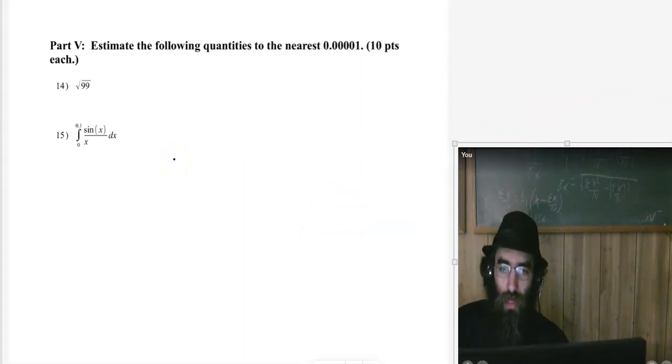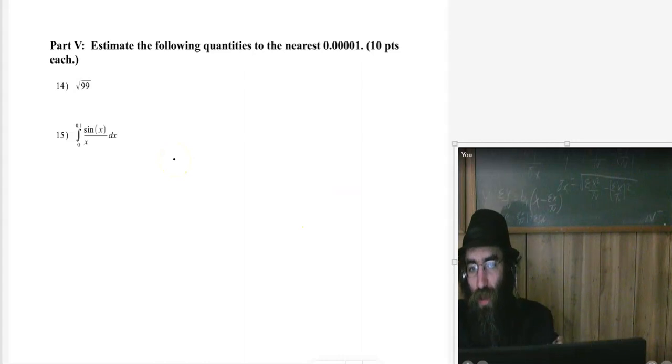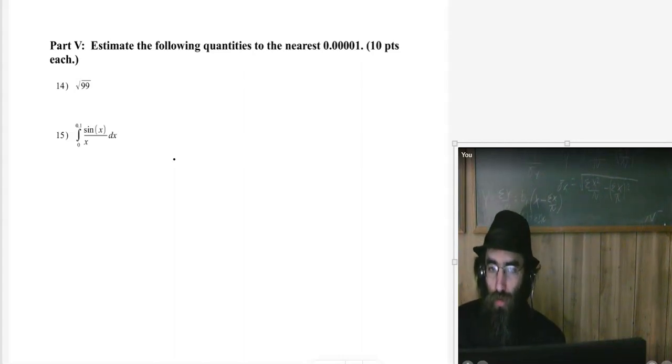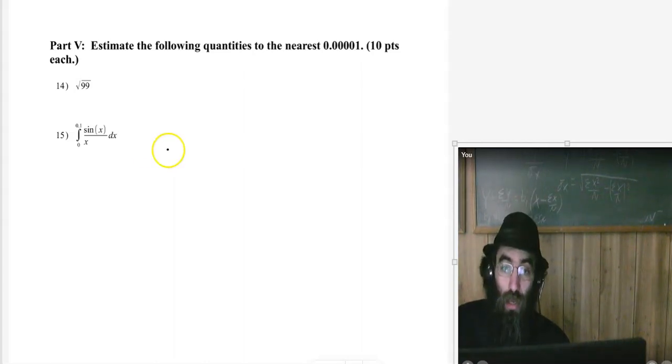Okay. Then, integral from 0 to 0.1, sine of x over x dx. If you're trying to find an integral of sine of x over x dx, just integrate that function manually, give up now. There is no such algebraic function. It becomes one of those special functions. So what do we do? Oh, one thing we have to worry about, possibly, is, oh no, we have an x in the denominator, and x is starting at 0.